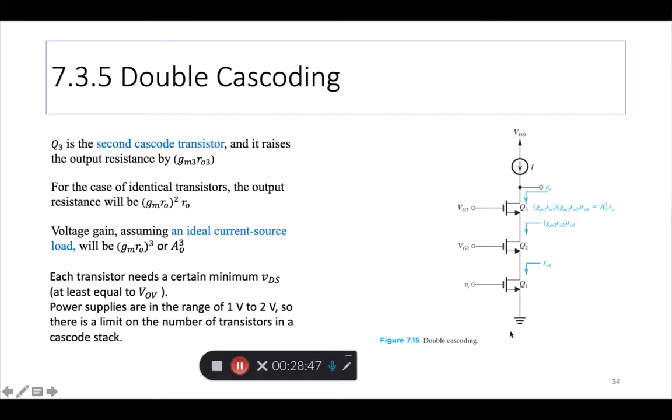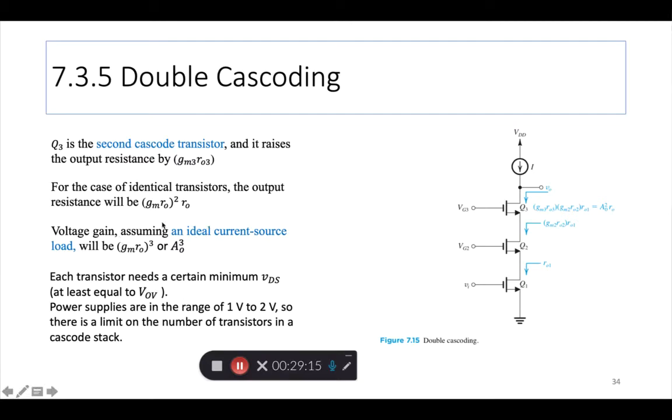Again, if all these transistors are identical, then the output resistance becomes this, as a square factor, and the voltage gain, assuming an ideal current source again, which we know doesn't exist, but for purposes of theory, let's assume it exists, then you can see that the gain has gone up to a power of 3. So we went from AO to AO square to AO cube.